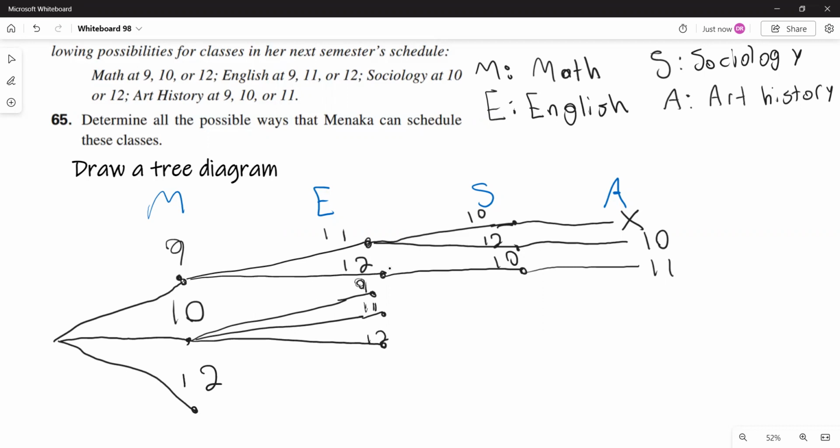So if she takes math at 10 and English at 9, she can take sociology at 12. And art history at 11.